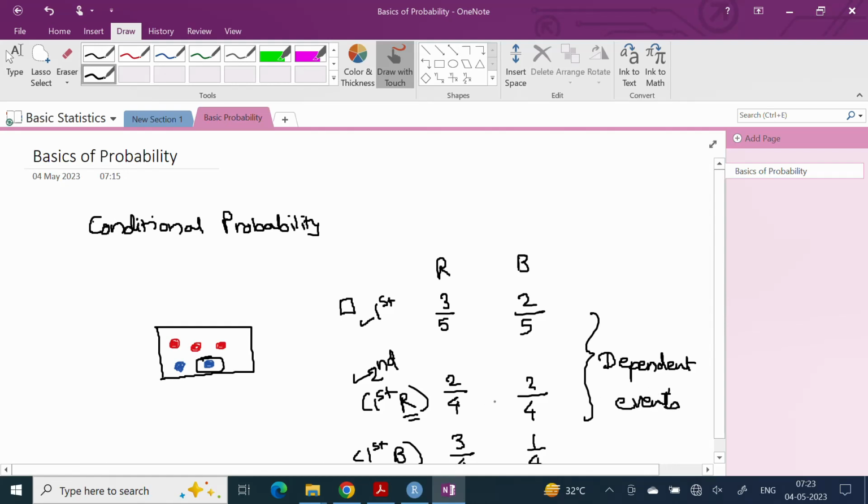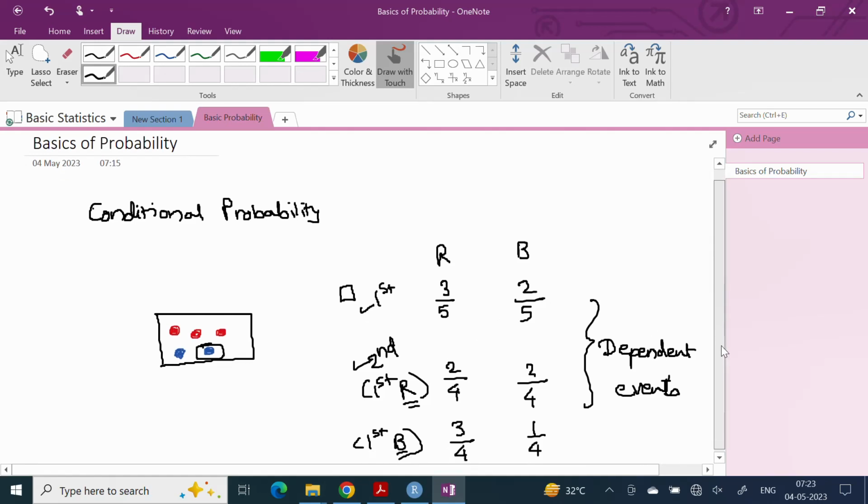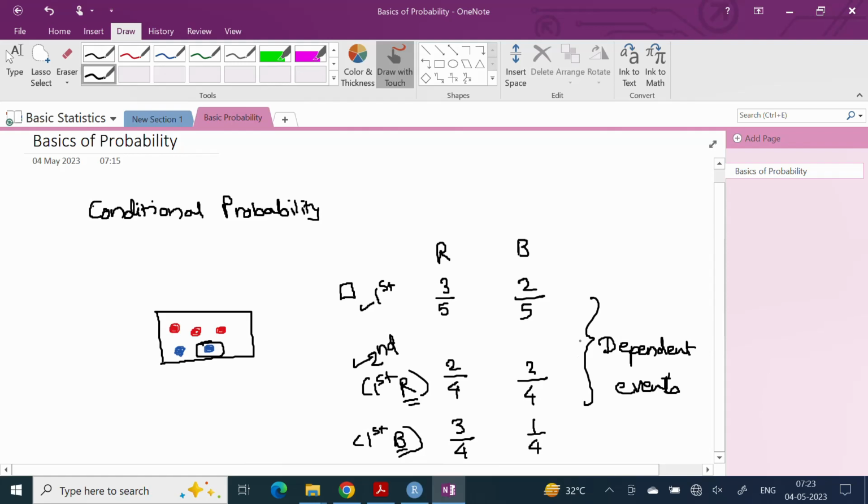Because the probability structure of the second event changes after the happening of the first event. Hence, we have to study them separately. So the probabilities that we wrote here, these probabilities at the second trial, depend on what happened in the first trial. Hence, these are known as conditional probabilities.